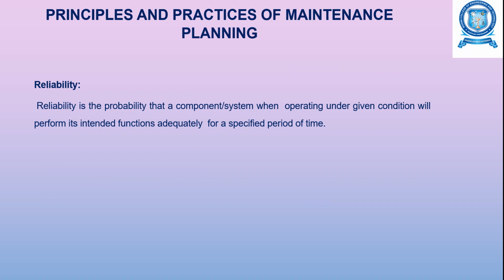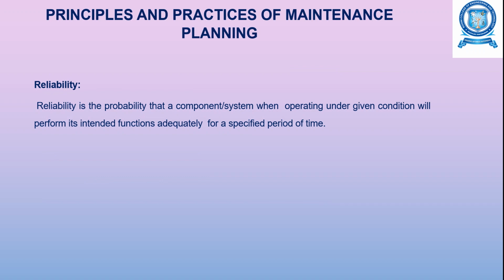And coming to the reliability. So what is reliability? Reliability is nothing but the probability that a component or system which operates under a given condition would perform its intended function adequately for a specified period of time.